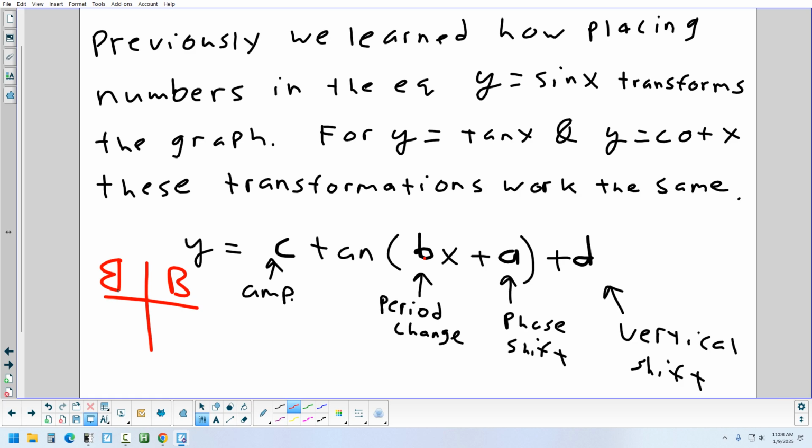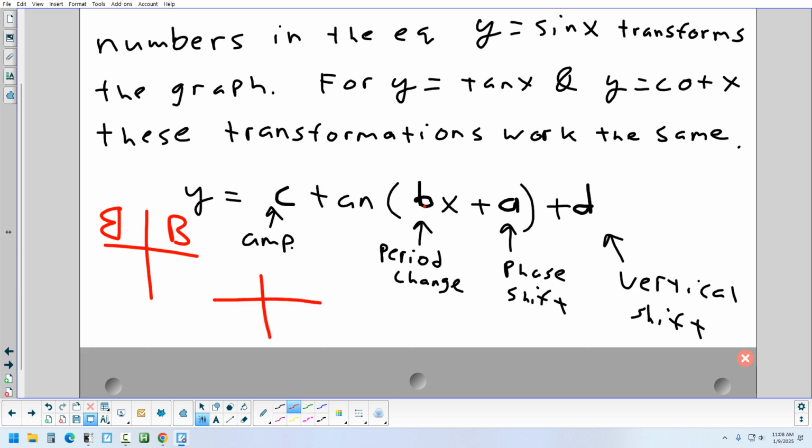If C is negative, that's a vertical reflection. That means all the y's become the opposite because it flips up to down. So any question on what the A, the B, the C, or the D would do? And we're looking at them all together because we're not going to go into as much depth as we did with sine and cosine.